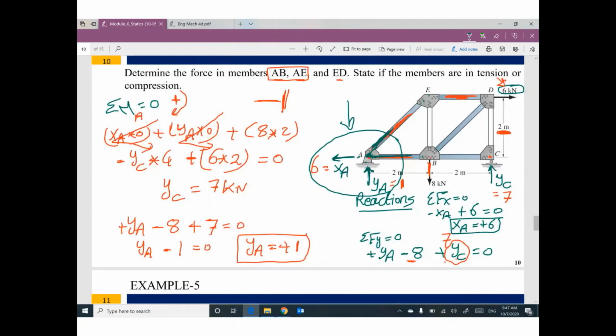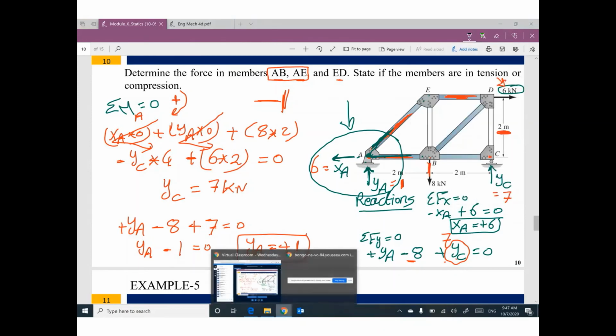Guys, this point is very important. We have horizontal reaction, vertical reaction, this member and this member. Do you think we have anything else? I believe no.